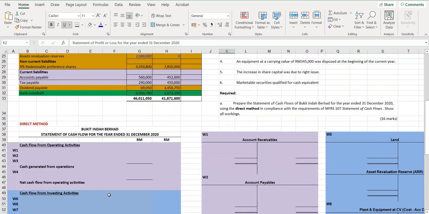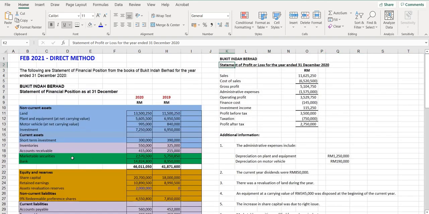After you have done that, the first thing to do is to find the cash and cash equivalent itself. In our case, the components of the cash and cash equivalent schedule I've already highlighted in green.